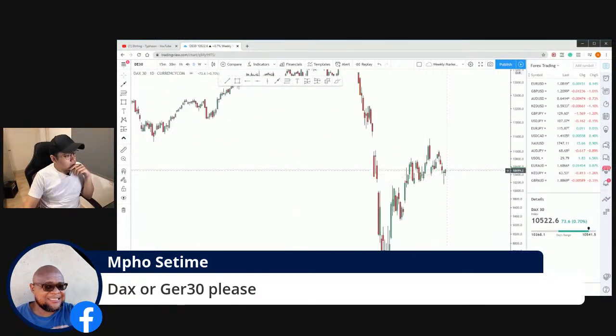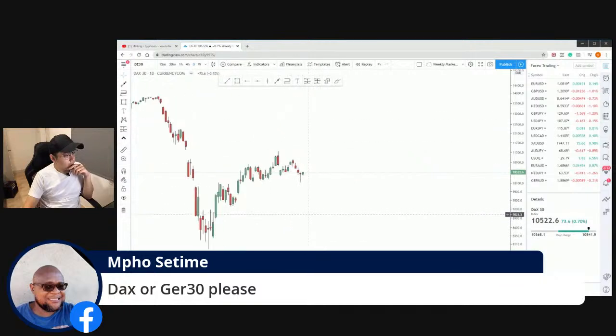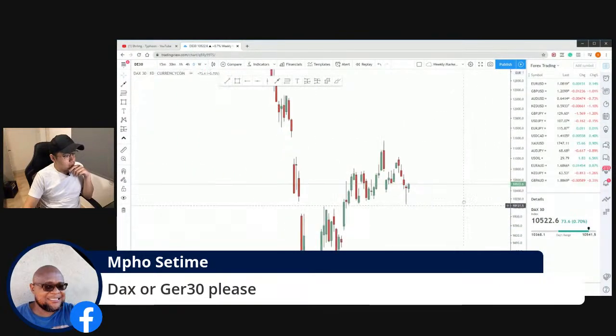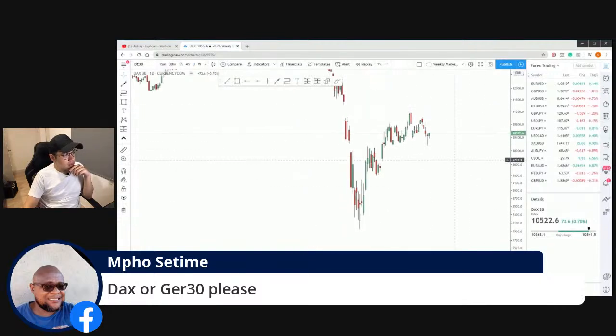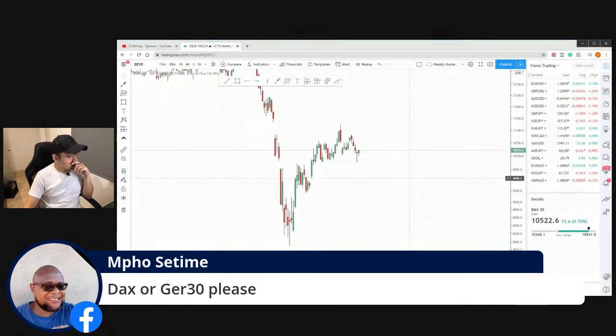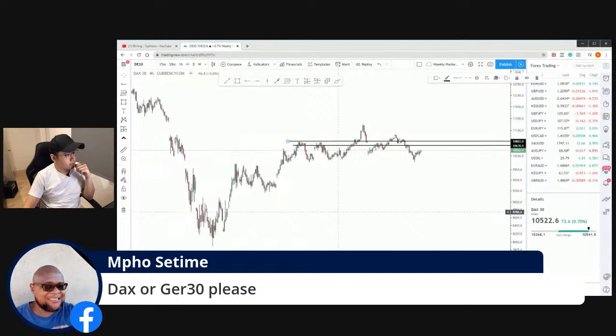On DAX, we know that it's still in a very strong downtrend, and the market is doing a pullback here. In my opinion, the downtrend is likely to continue, and we can look for a sell setup at this level, which is another level of resistance.